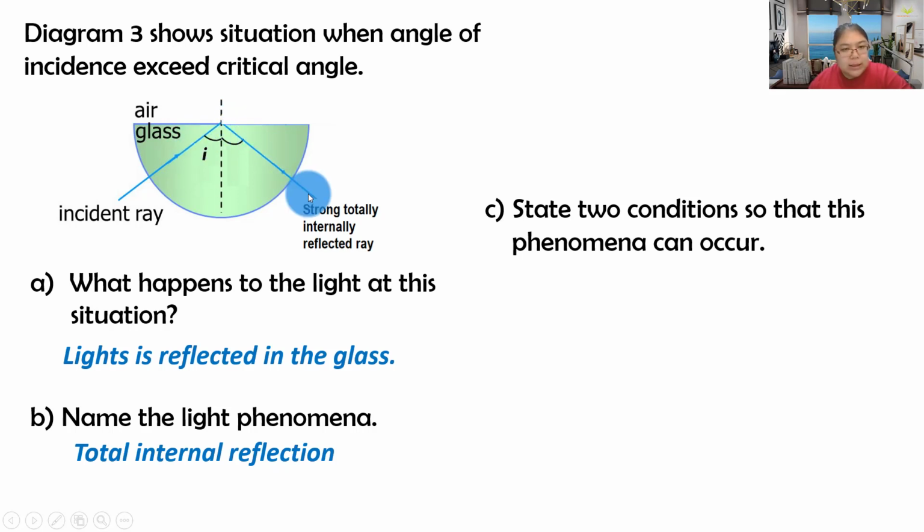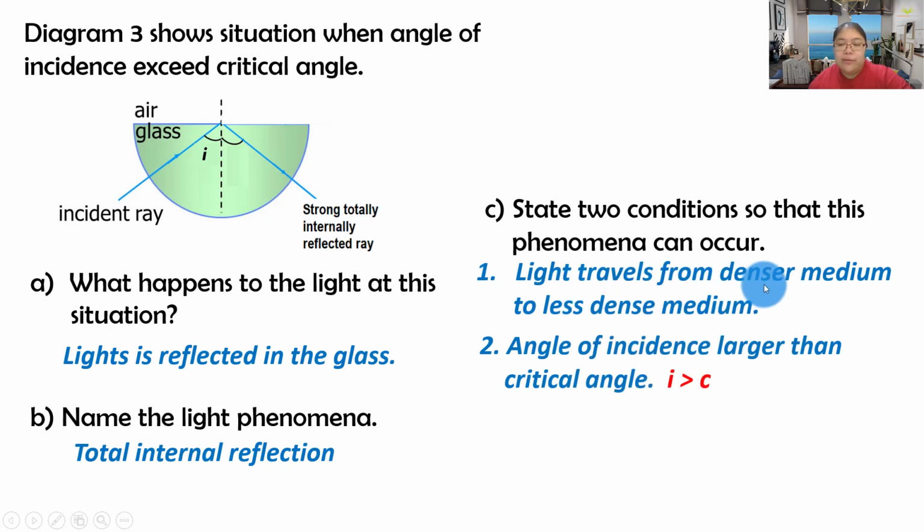Then total internal reflection will happen. So these are the two conditions we need to obey, then total internal reflection can occur. Okay, let's see the answer. Light travels from the denser medium to the less dense medium. Number two, the angle of incidence must be larger than the critical angle.